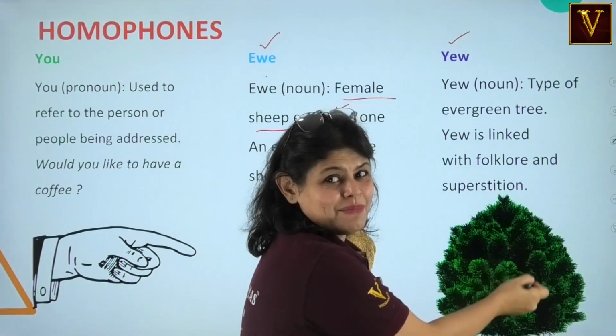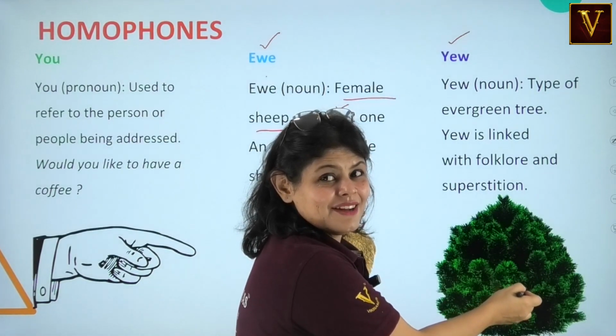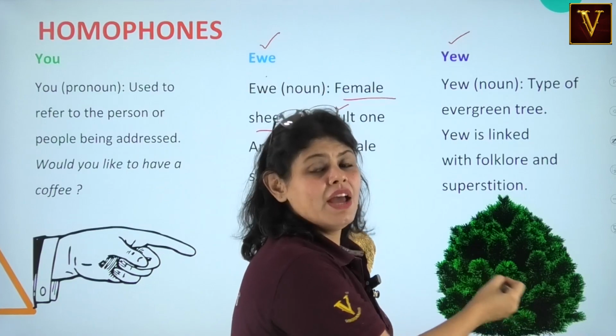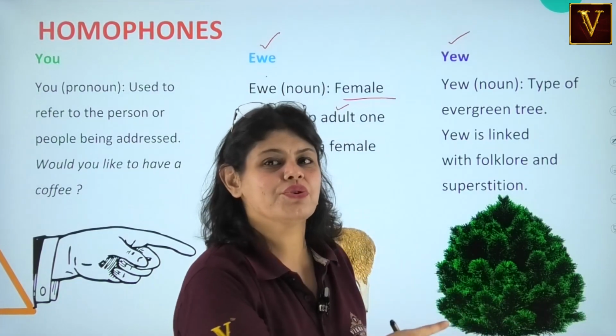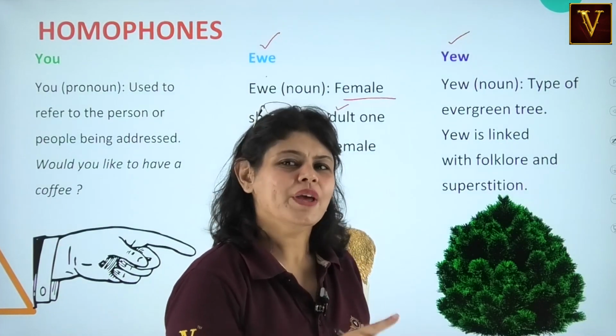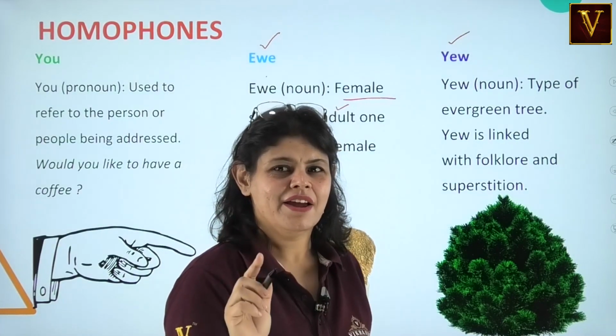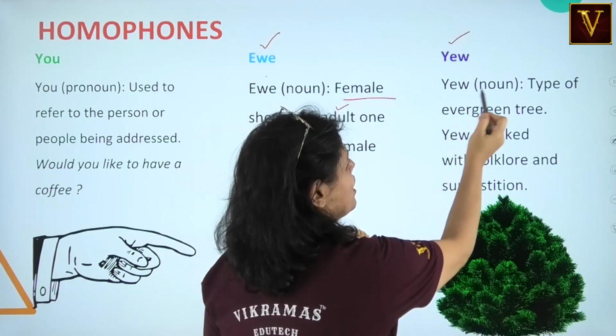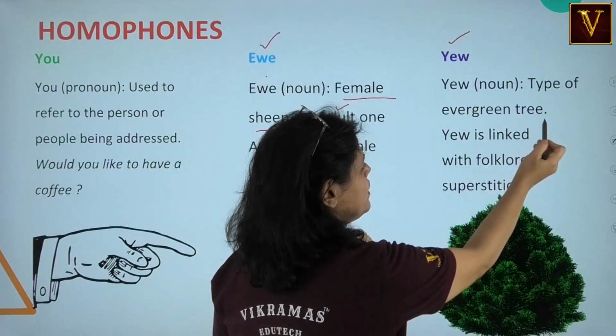Its meaning is tree, an evergreen tree. This yew tree has a lot of superstitions behind it, which I'll be telling you some other day, right? Now, yew, noun, a type of evergreen tree.